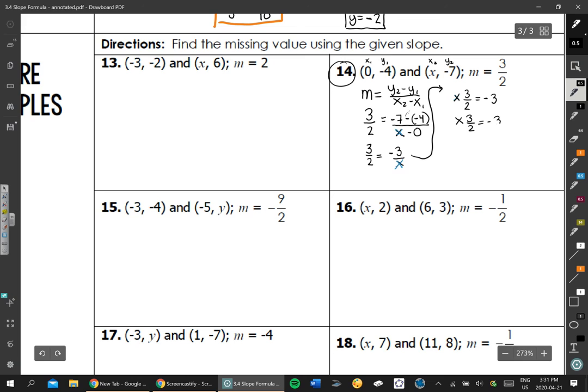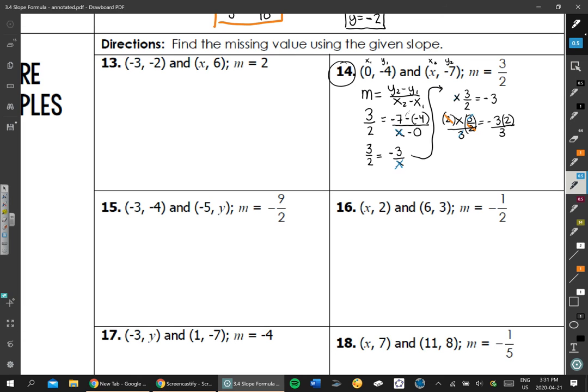So times 2 times 2, we get canceling it out. And then I'm also going to divide both sides by 3, so that I can get this to cancel out as well.